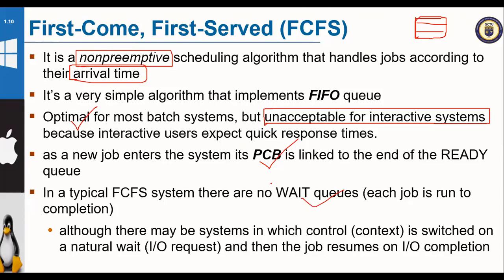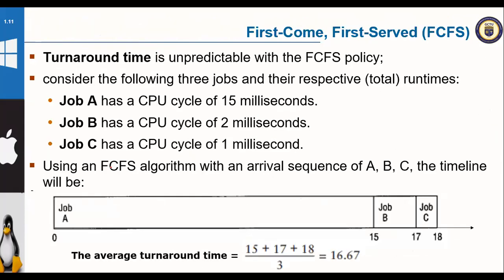Okay. All right. Now let's look at the turnaround time. What is the turnaround time? The turnaround time is the time it takes for the CPU to execute all the jobs in the ready queue. If you look at the current situation that we have on my screen, there are 3 jobs, A, B, C. The average turnaround time is the average time it takes for the CPU to execute all 3 jobs.